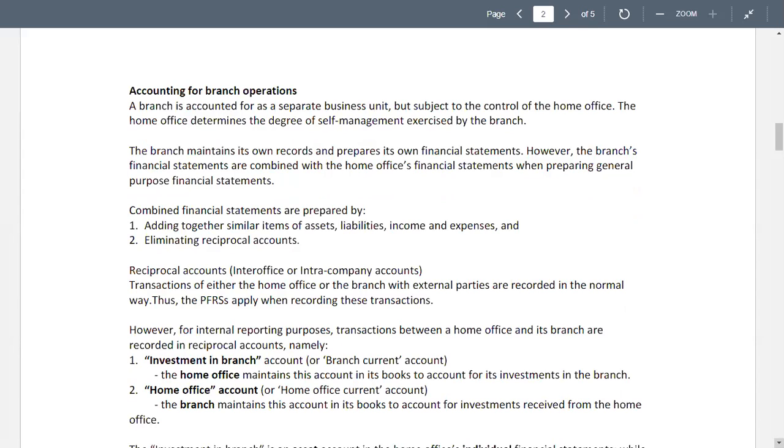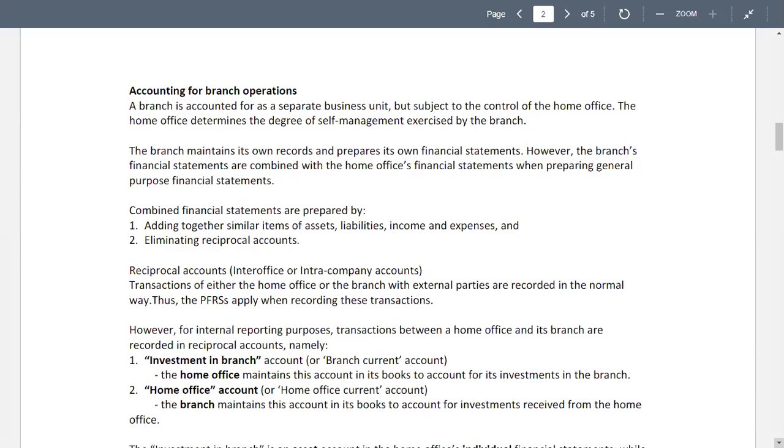So the account title is investment in branch, or sometimes branch current, which may be used in lieu of investment in branch. This account is normally a debit balance representing the investment of the home office in the branch.